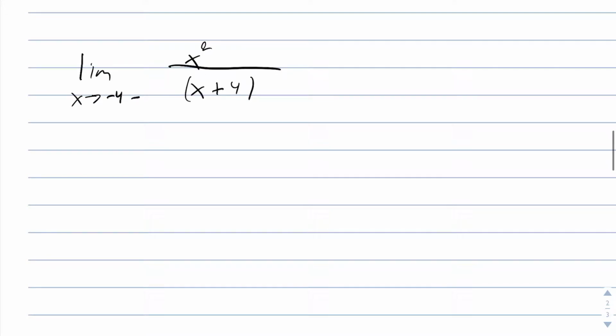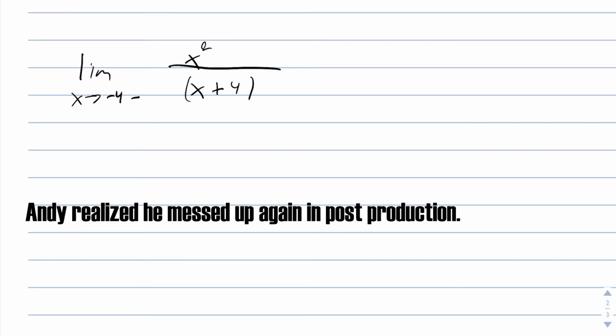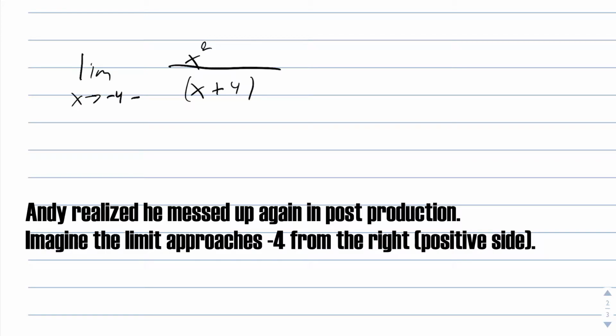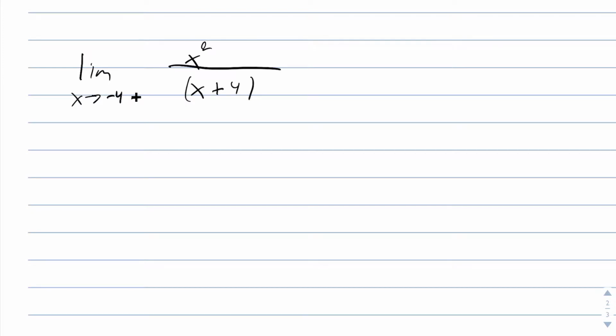Anyway, let's move on to a more interesting one. The limit as x approaches negative 4 from the negative side of x squared over x plus 4. From the negative side, that means we're going up, so it's going to be a positive number.